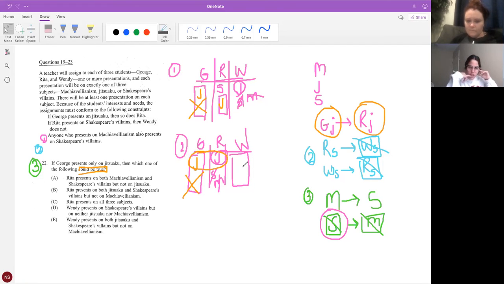So it has to have S and M, because they all have to be used at least once, right? Yeah. So that would be for world two. And then for world one, what else has to be true for R?